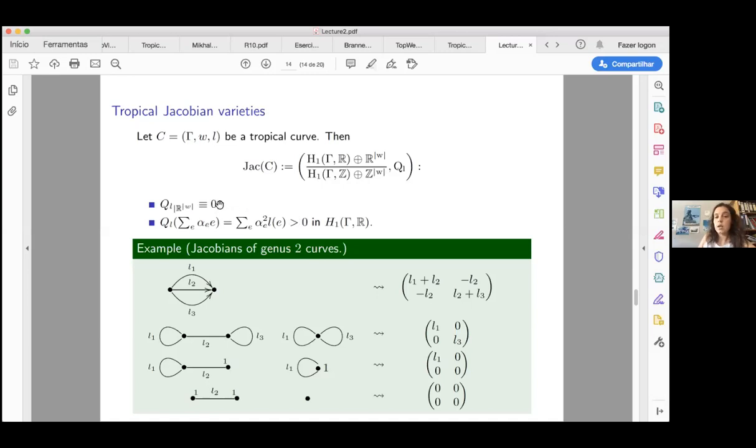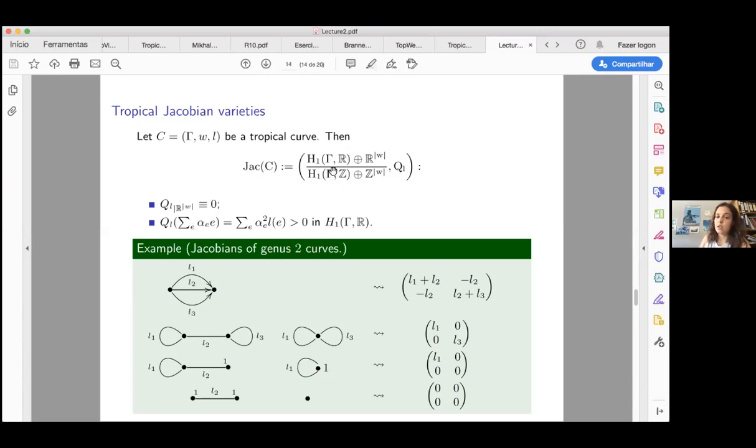So there was someone asking about the cell in the moduli space of tropical curves corresponding to smooth curves being only a vertex. In this situation, what you get as a tropical Jacobian is that here you get nothing.